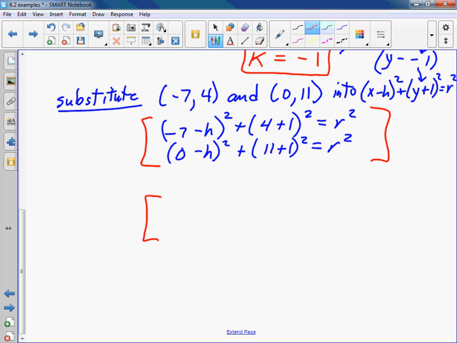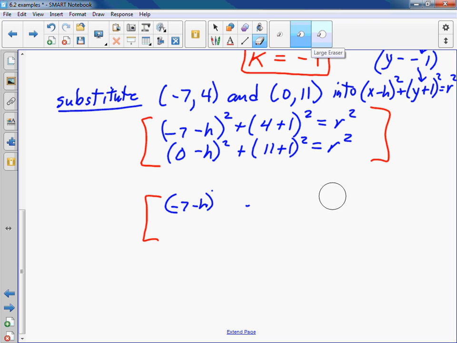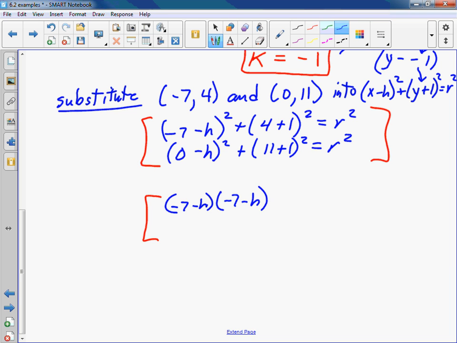Okay. So now I'm going to go negative 7 minus h squared plus 5 squared equals r squared. Let's do that out. I keep changing my mind. I'm going to go negative 7 times negative 7. There we go. Plus 5 squared equals r squared.